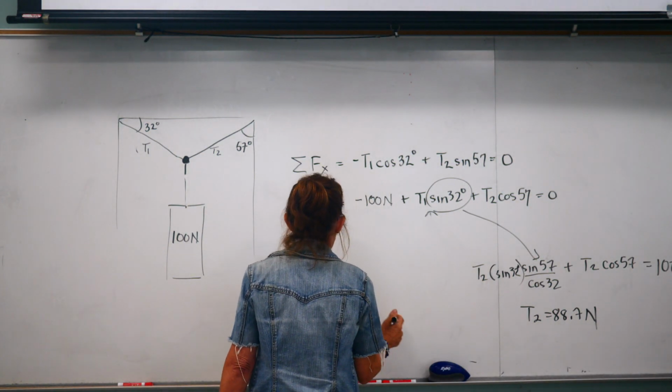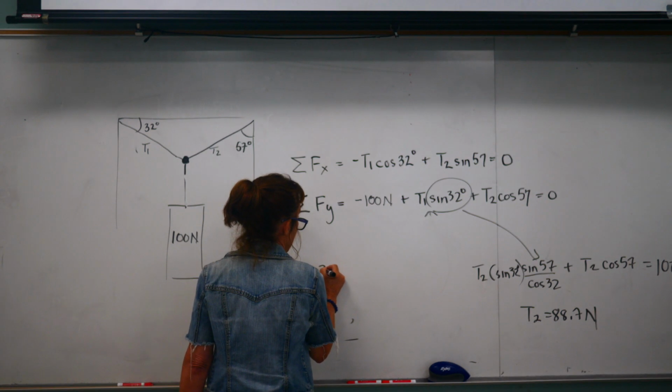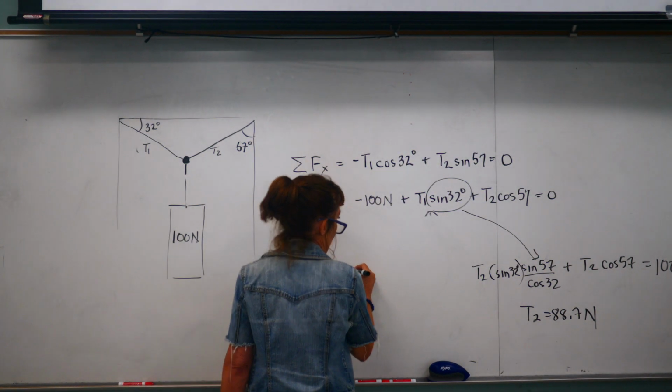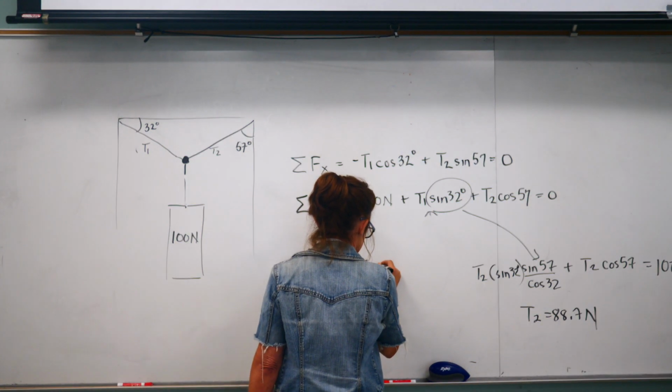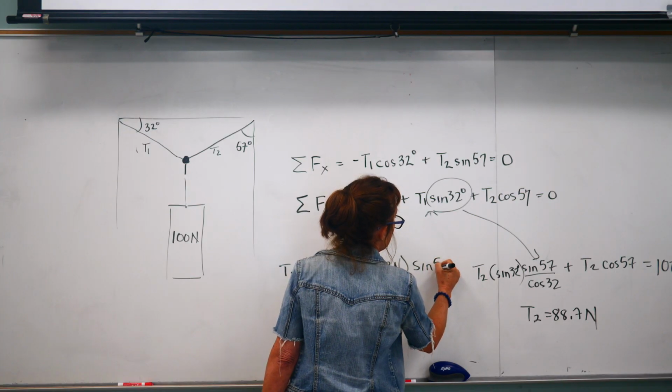Okay, I have T1 cos 32 equals 88.7 newtons times sine 57.